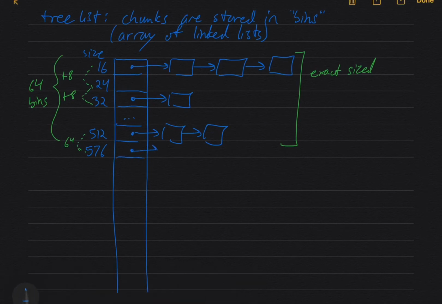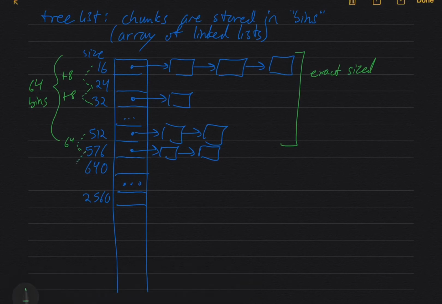So let's just say that also has two chunks in it, and then 576 plus 64 should be 640, and this goes up to 2560.